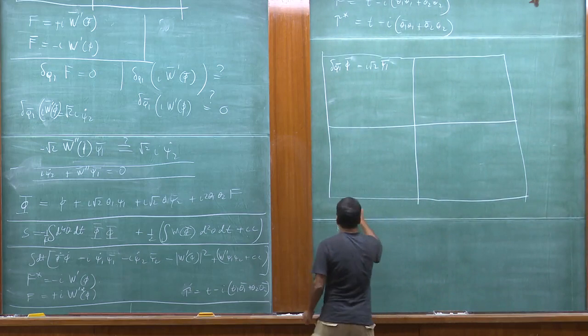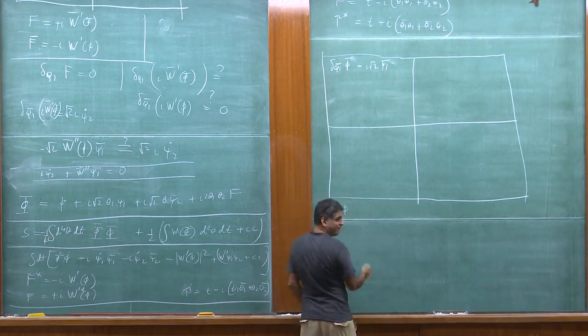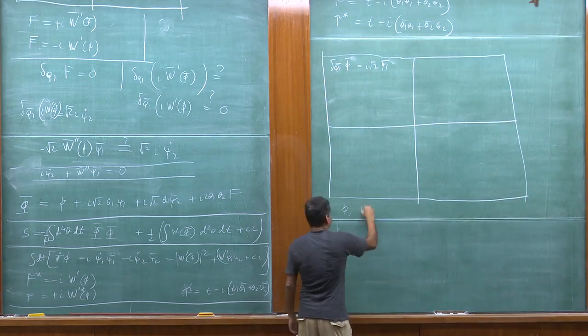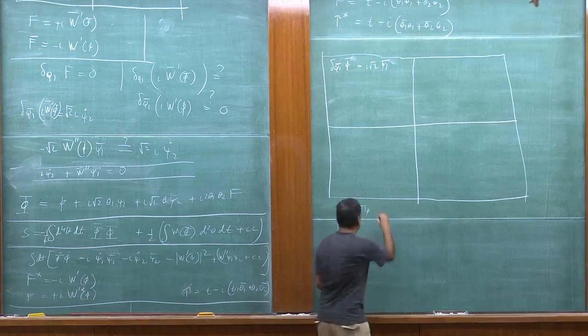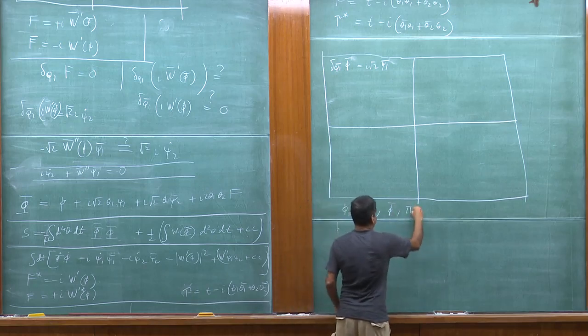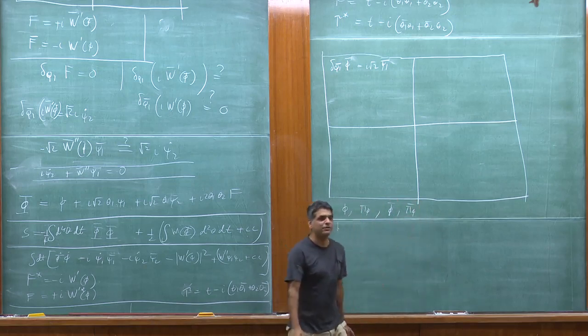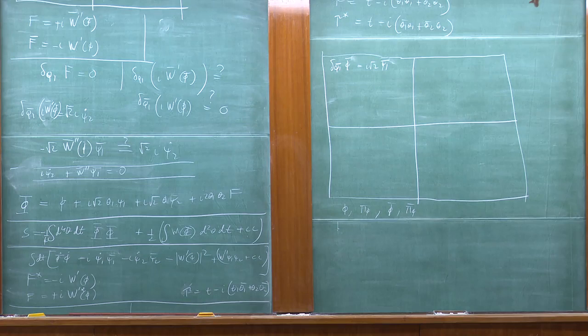Well, our Hilbert space is generated by phi and pi phi, phi bar and pi phi bar, which is another complicated way of saying that it's square integrable wave functions of a complex variable, being phi. Okay, functions of two variables, phi and phi bar, square integrable, and then pi is taking derivatives. Pi is minus i del by del phi, and minus i del by del phi bar.